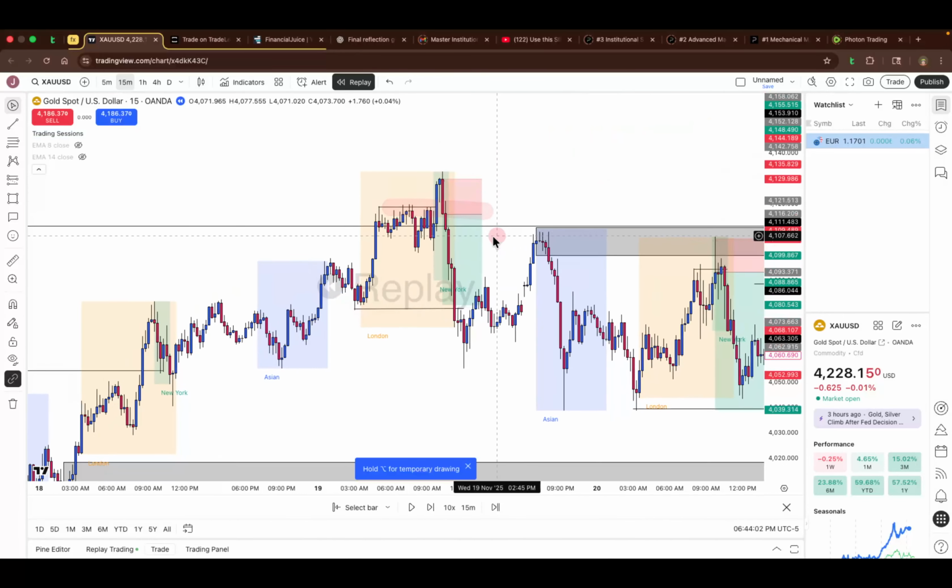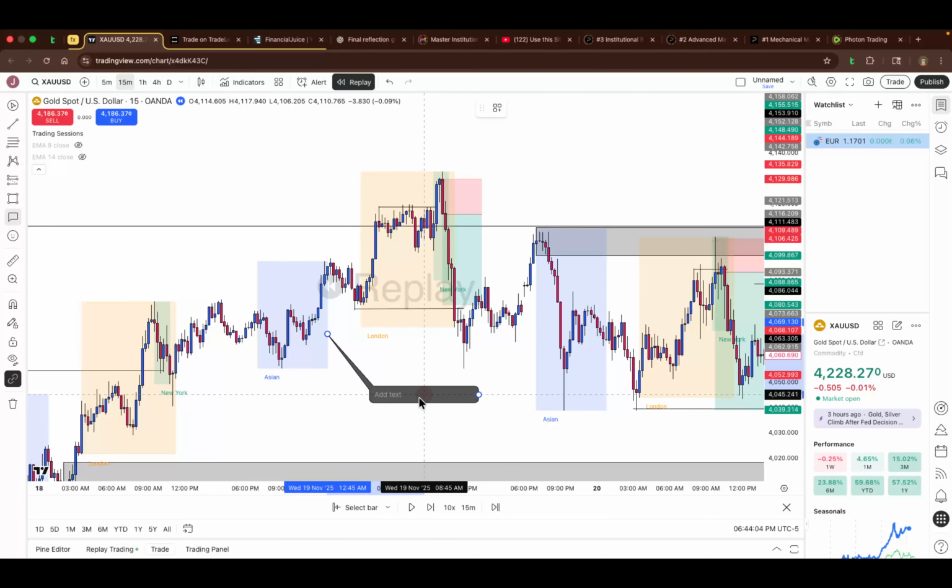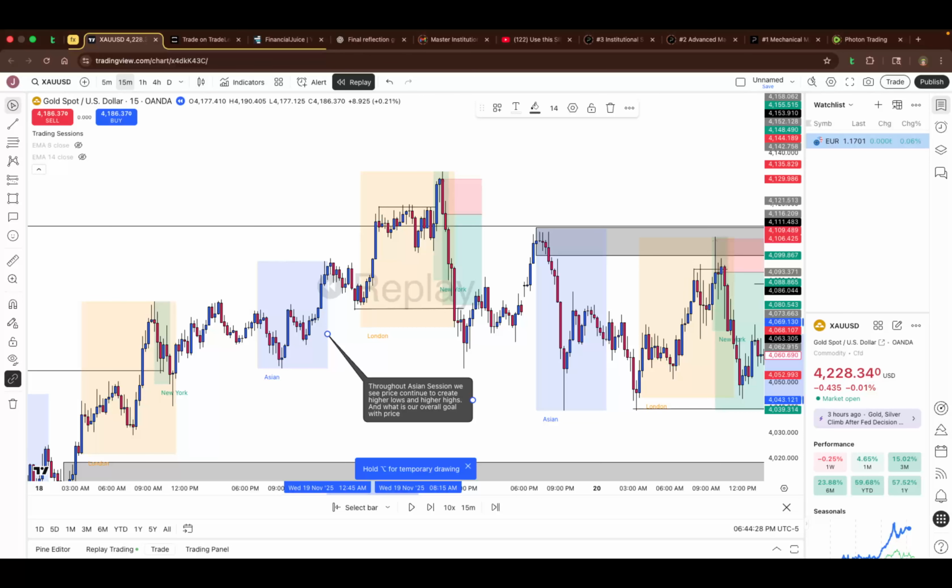However, here, what do we see here? Throughout Asian session, price continues to create higher lows and higher highs. And what is our overall goal with price?